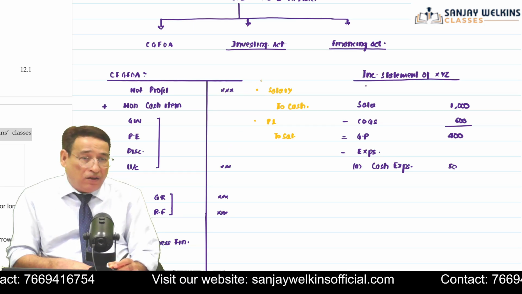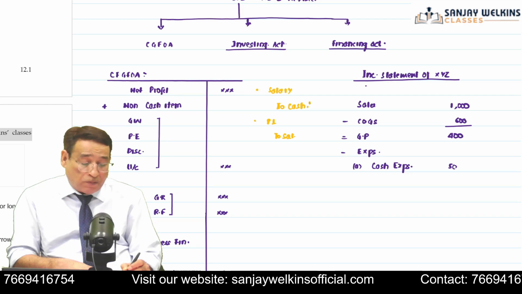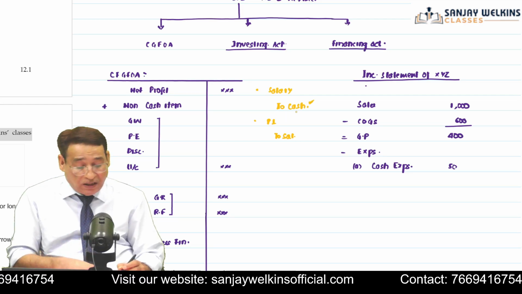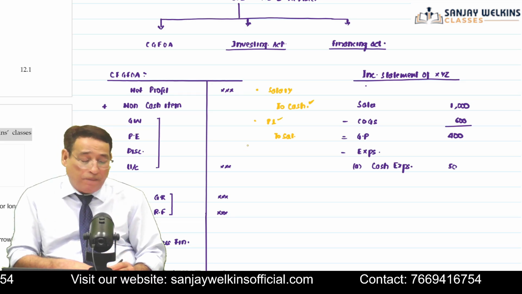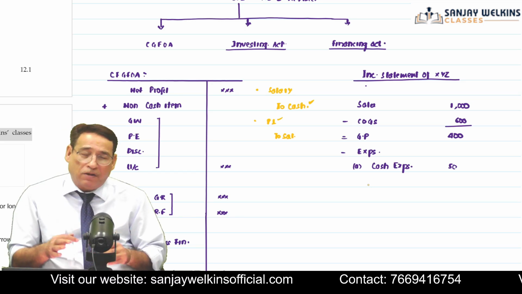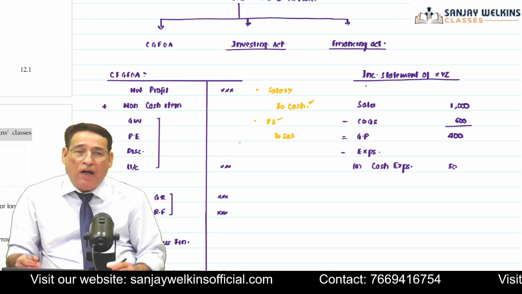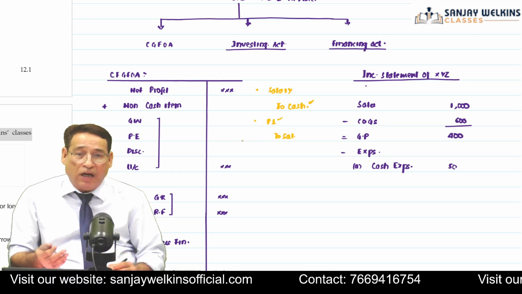Because in this expenditure, cash is moving out, and this expenditure is also being written on the debit side of profit and loss account. So when we write expenses on the debit side of profit and loss account, they are either cash expenditure or non-cash expenditure.